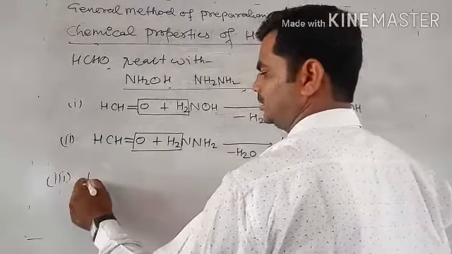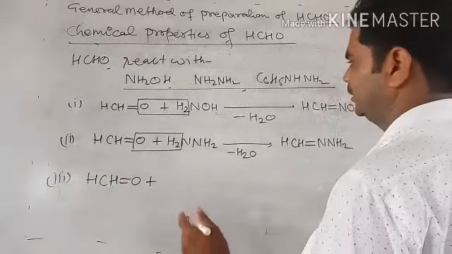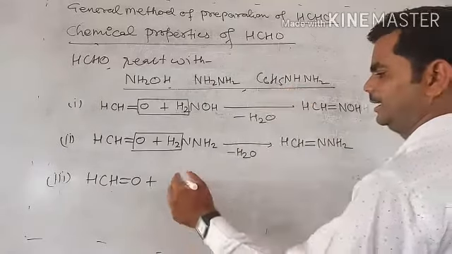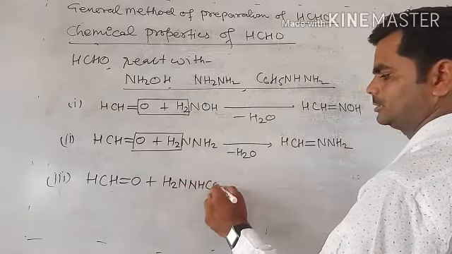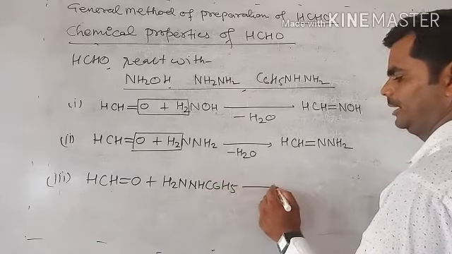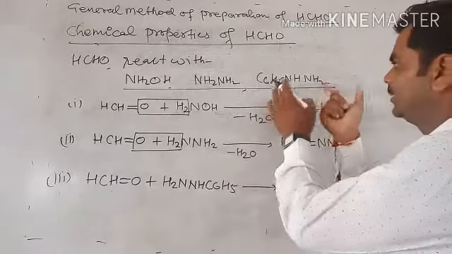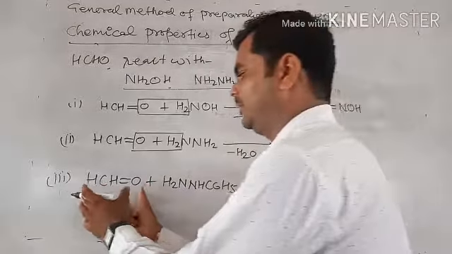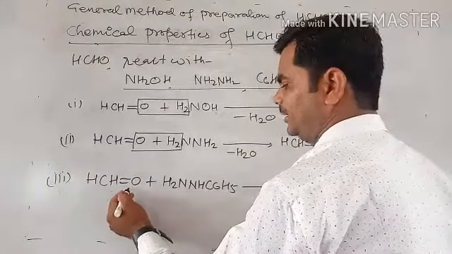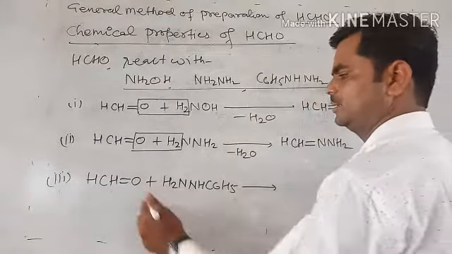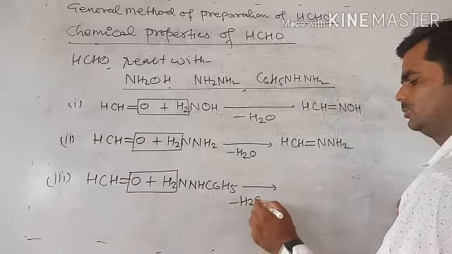Now the third reaction. HCHO, this formaldehyde, reacts with phenylhydrazine. Okay, this phenylhydrazine we can write as H2N-NH-C6H5. When this phenylhydrazine reacts with formaldehyde, what happens in this case? In the same way, the oxygen of formaldehyde and the hydrogens of phenylhydrazine react to form a water molecule, minus H2O.